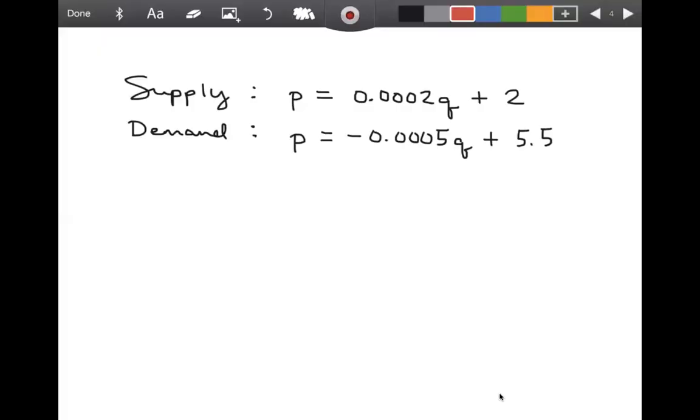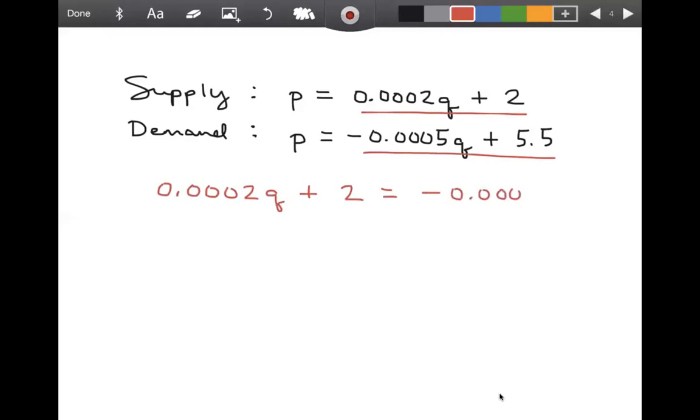And I didn't write out the whole paragraph, just the important part. So this is like our first example, only instead of X and Y, we have Q and P. So we can set this and this equal to each other. 2 10,000ths Q plus 2 is equal to negative 5 10,000ths Q plus 5 5/10.